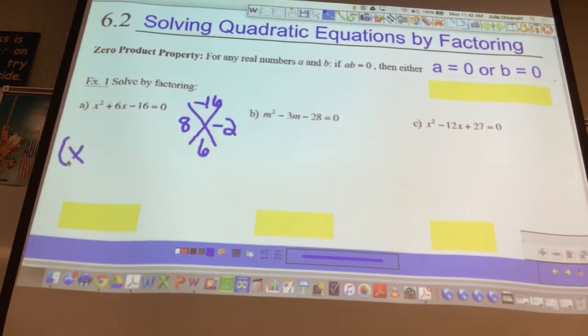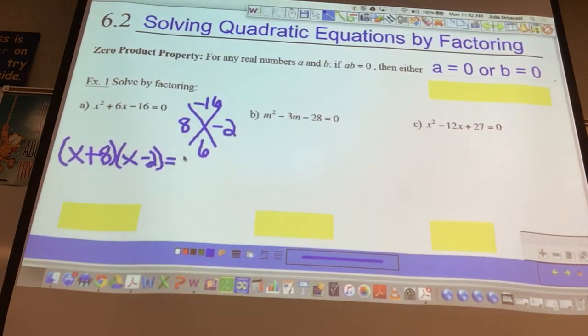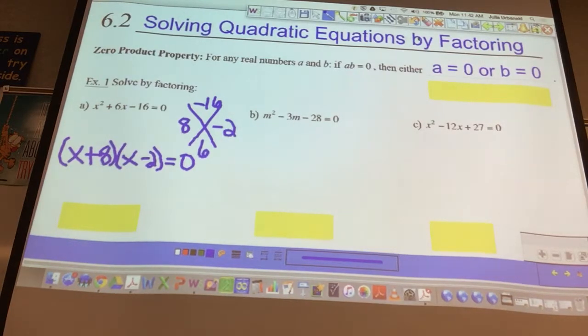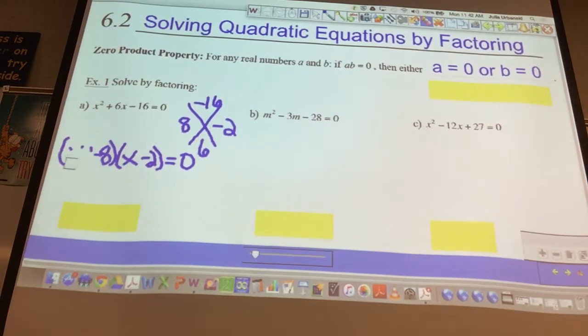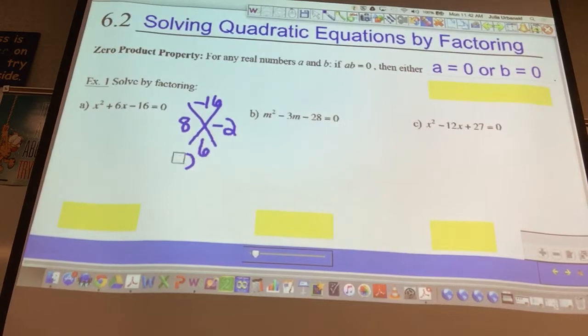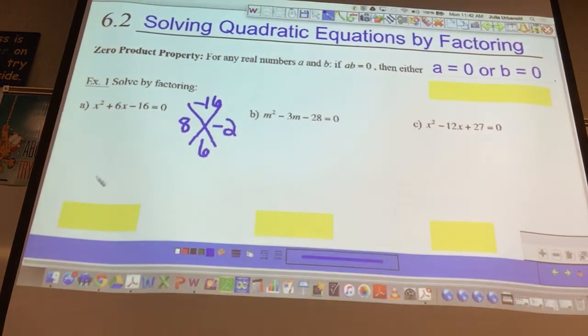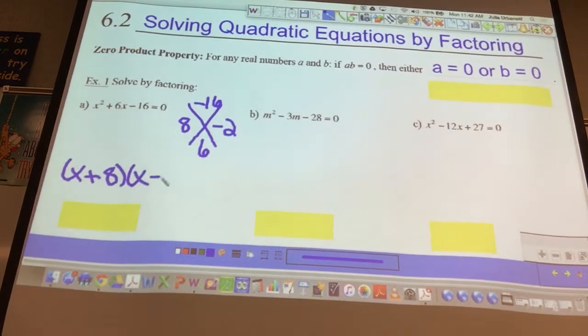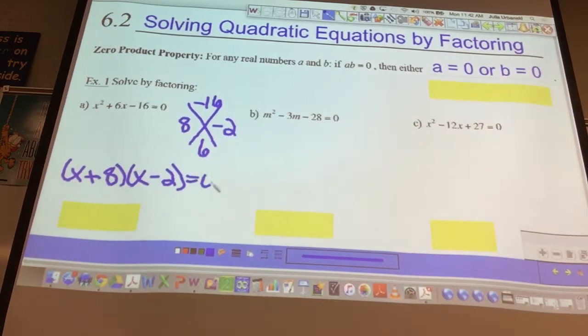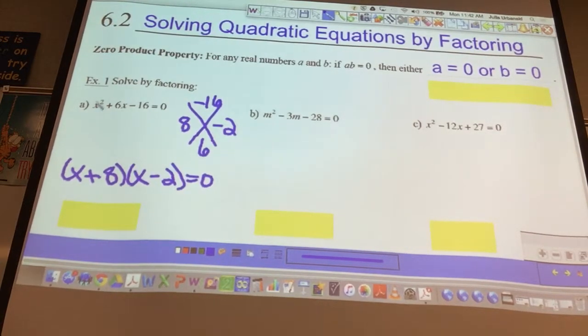All you have is x plus 8 and x minus 2 equals 0. And I'm just going to erase that so that I can write it down further. You don't have to change anything. It just feels squished. X plus 8 and x minus 2 equals 0. Okay? That only happens when there's no coefficient, when there's no number in front of x squared.